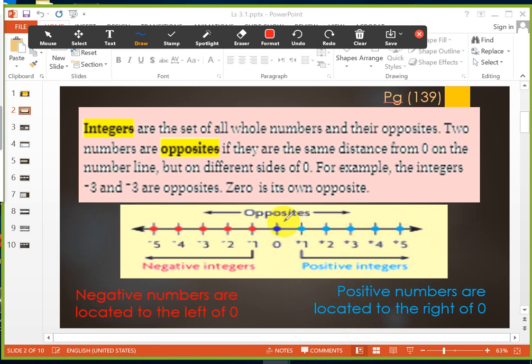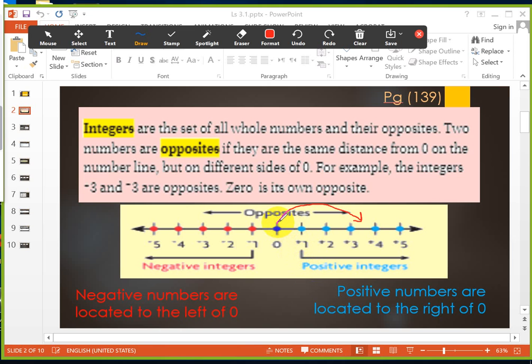Look at the zero. This is the zero point on the number line. On the right side, I have positive integers, that means the numbers with a plus sign.